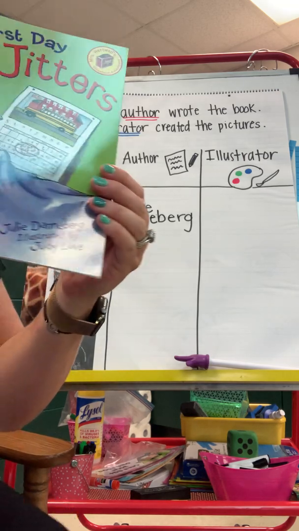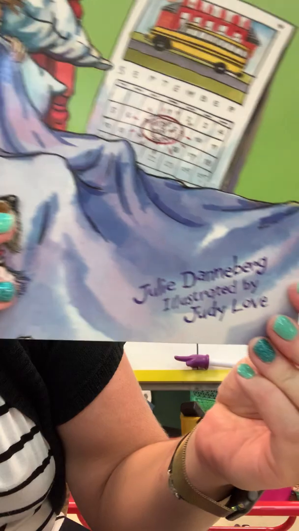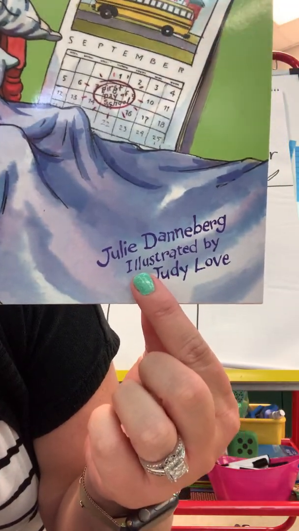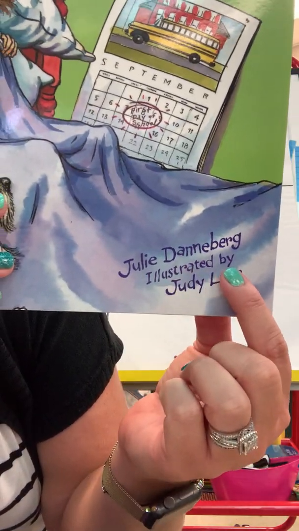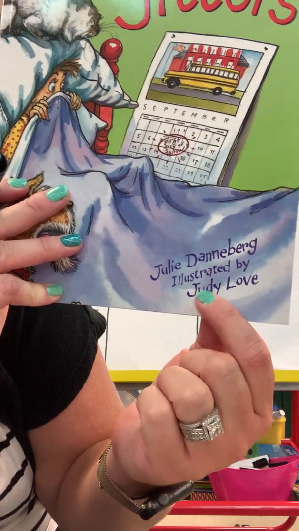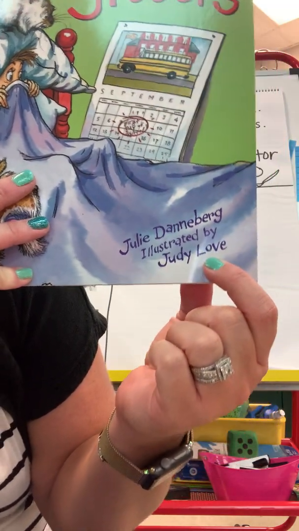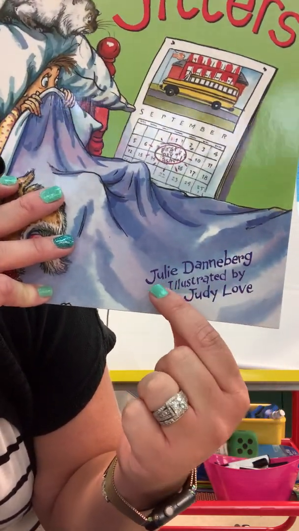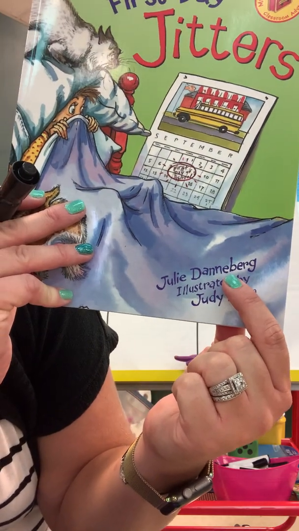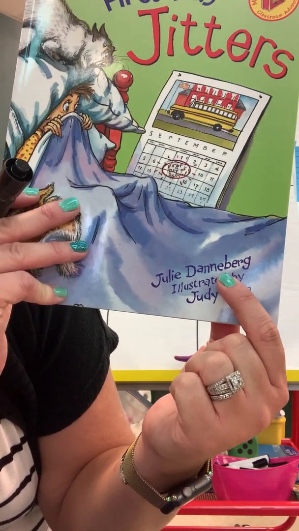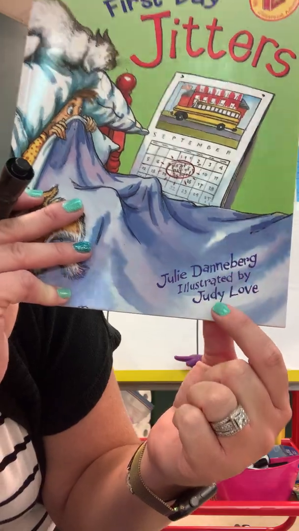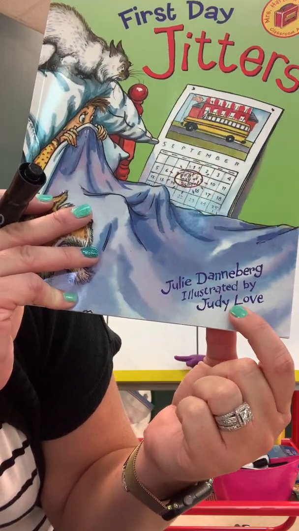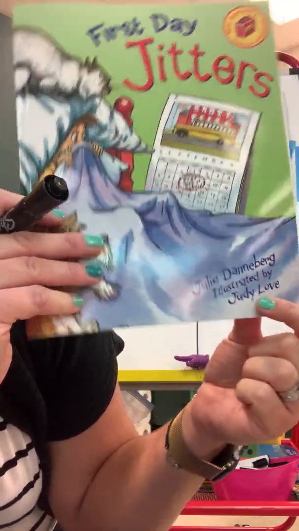If we continue looking at the front cover, you will see down here at the bottom it says illustrated by Judy Love. So there's 2 people that made this book. Julie Dannenberg made the words, the story, and then Judy Love is the one who made the illustrations or the pictures.